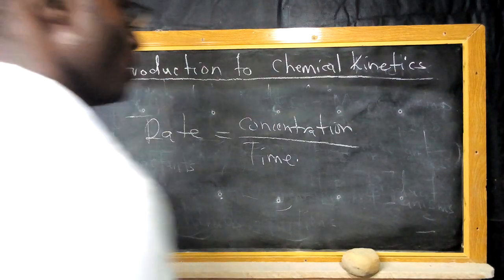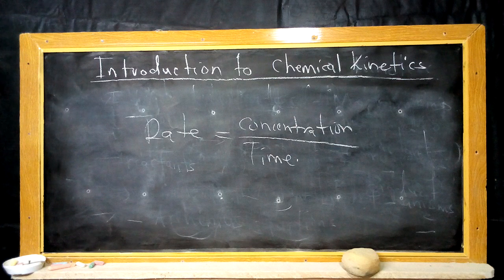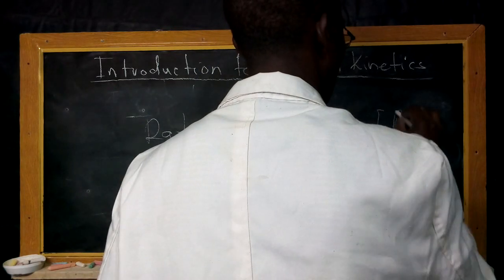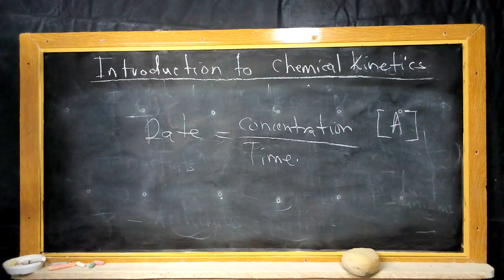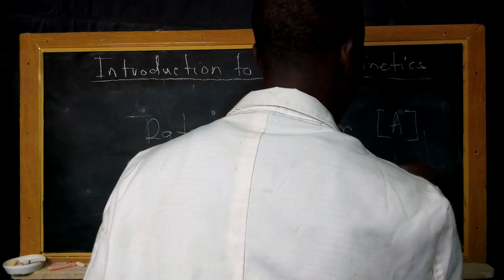Then we have said that the concentration of maybe a reactant A can be given as square brackets of A. Okay, let's give an example for the equation that we have written for a single reactant and a single product, and then time is given as t.